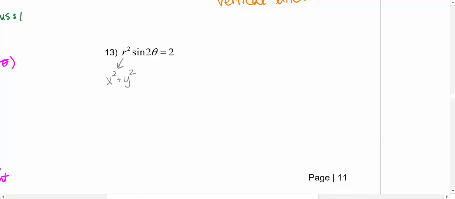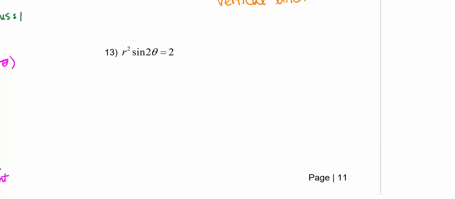But before you get too carried away with that substitution, because that is correct, you've also got to deal with sine of 2 theta. So if I also have thetas here, I really need to pair up an r with sine theta, and then I can say that that's y. Or an r with cosine theta, and then I can say that that's an x.